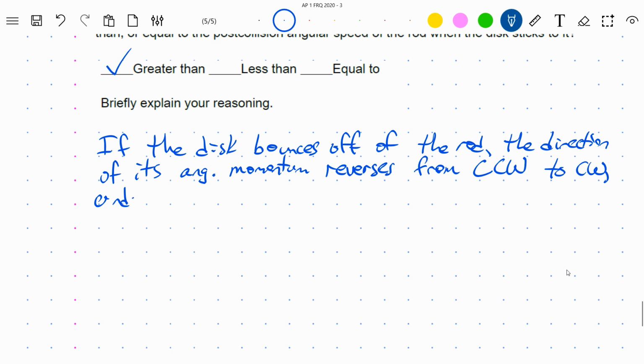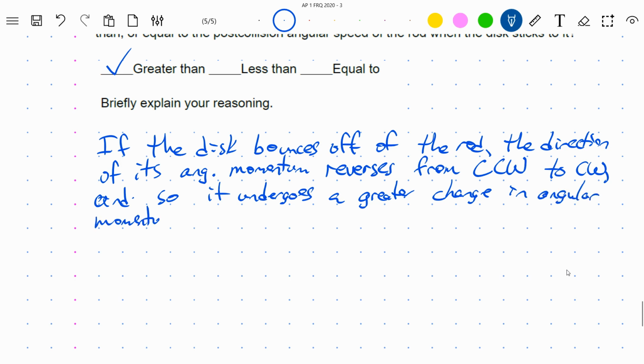And so it undergoes a greater change in angular momentum than if it sticks.